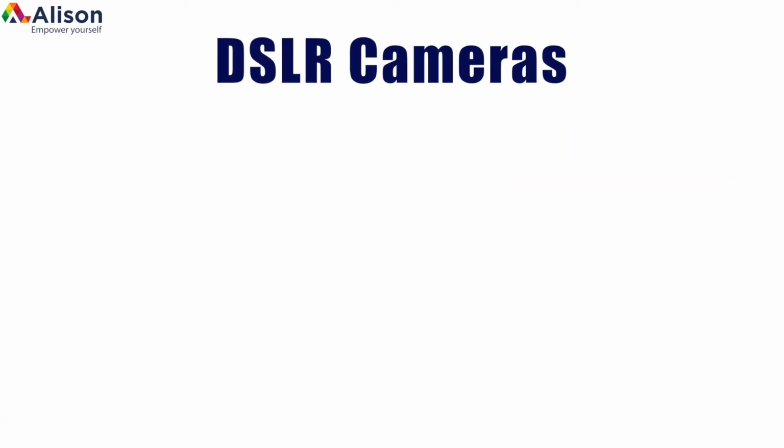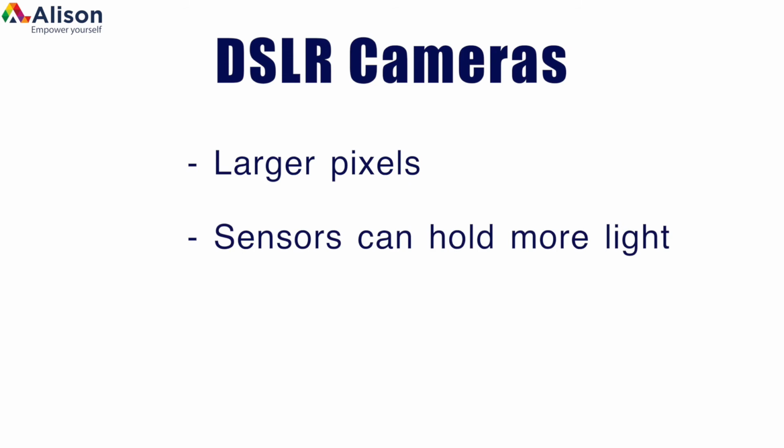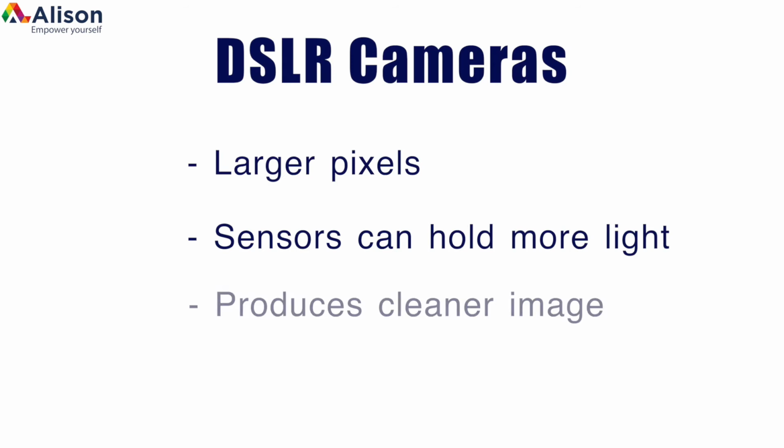With DSLRs, the pixels can be enlarged. As a result, they have the capacity to retain more light relative to the noise created by the sensor when it operates. This means that we get a cleaner image.